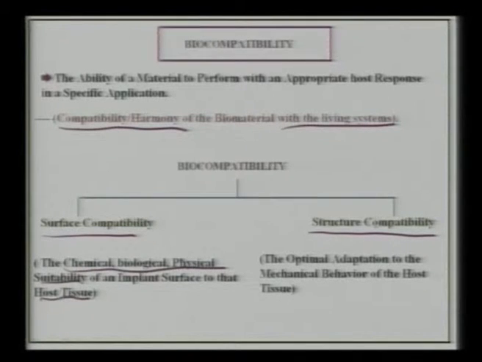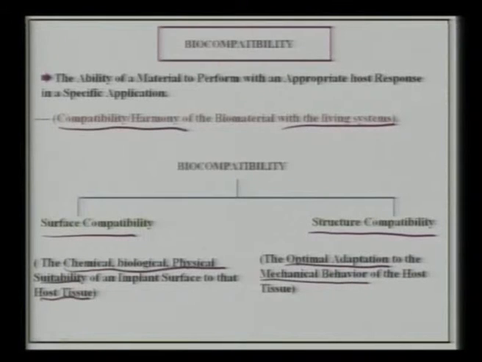The second one is structure compatibility. Structure compatibility means the optimal adaptation to the mechanical behavior of the host tissue. Mechanical behavior means the mechanical response of the tissue or the bone surrounding it. As I mentioned in the last lecture, the elastic modulus of cortical bone is 3 to 80 gigapascal. If the elastic modulus of the implant is too high, then the implant will bear most of the load, not the bone, and as a result the implant will detach from the surrounding bone.